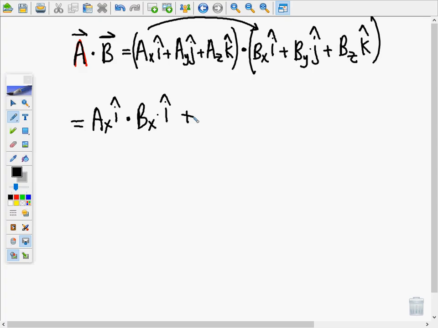You know, some people call it FOIL, some people call it fireworks. The next term would be Ax i dot By j. And you just have to keep going through.